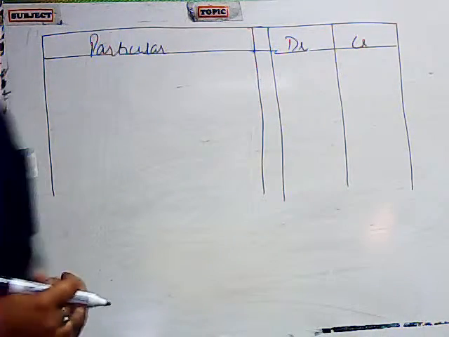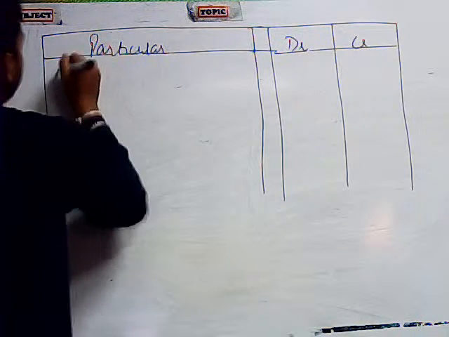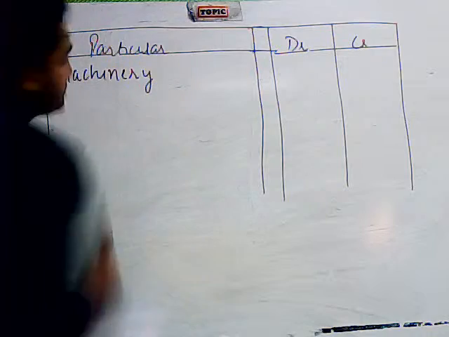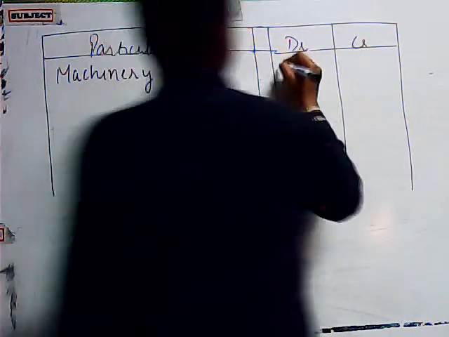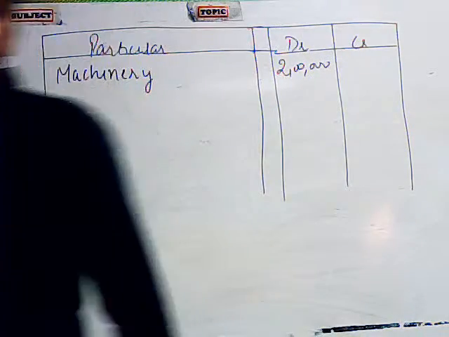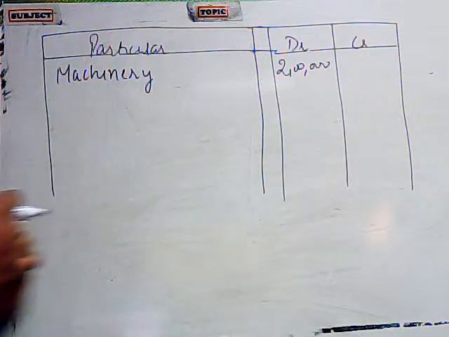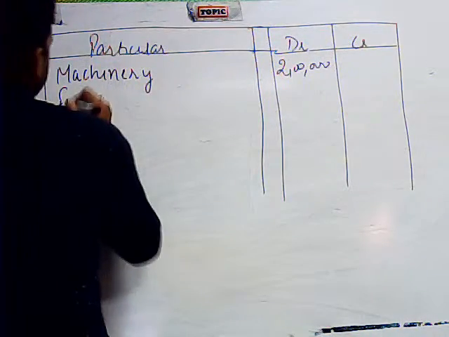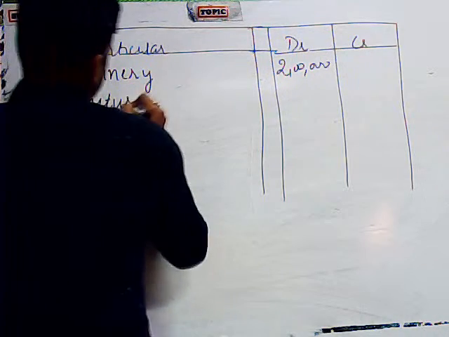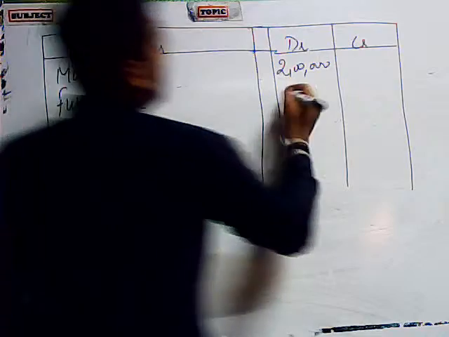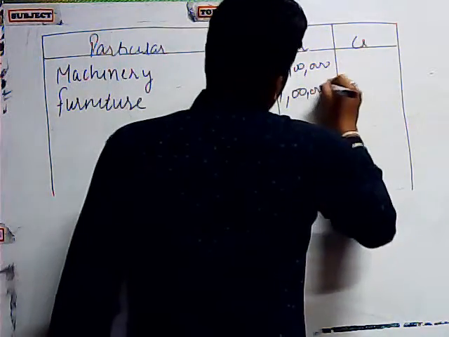You can take an example that the value of machinery is 2 lakh rupees. And the value of another asset, that is furniture, let us take an example, 1 lakh. Okay?